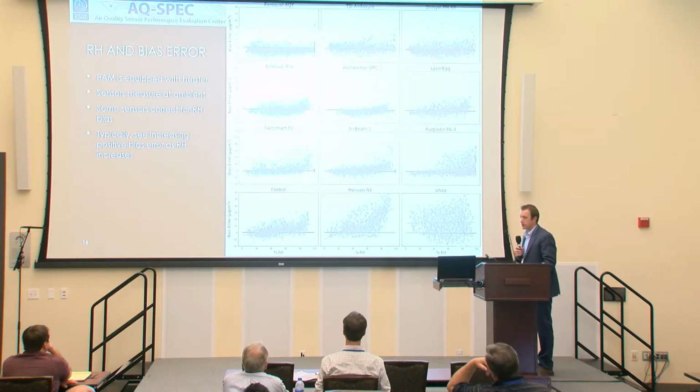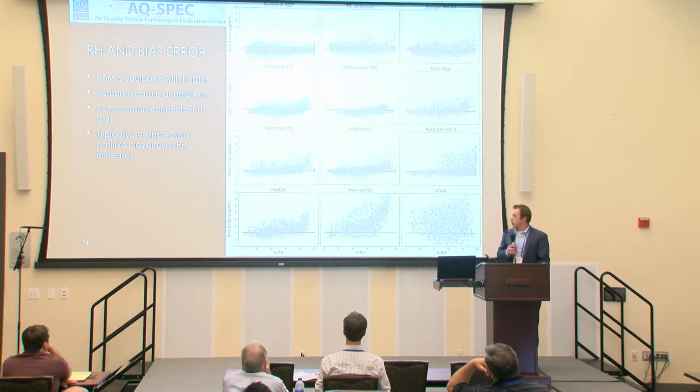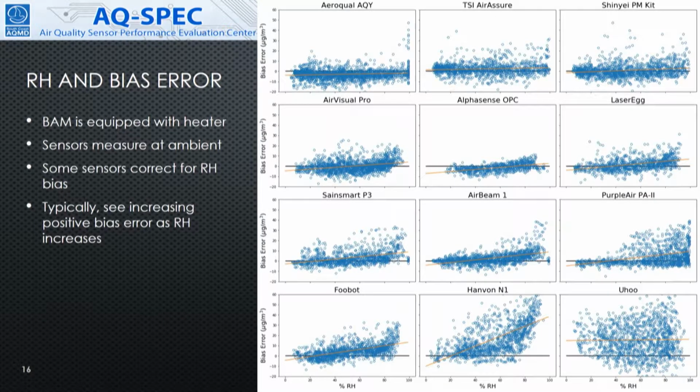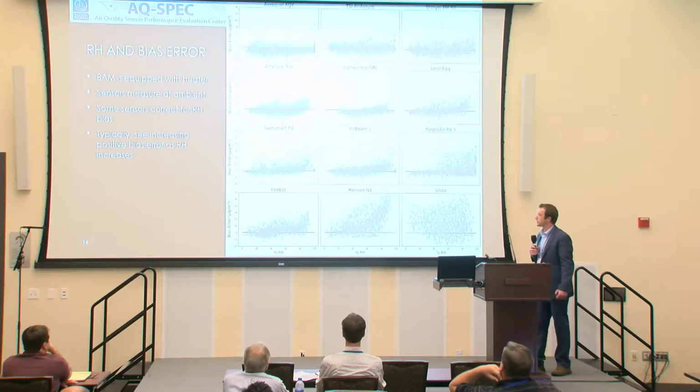Looking at relative humidity and bias error, what I'm showing here is bias error, whether the sensor positively or negatively overestimates the reference. The x-axis is relative humidity, so we're trying to figure out where our errors are based on relative humidity. Just to note, the BAM is equipped with a heater. The low-cost sensors measure air at whatever the ambient concentrations and ambient RH are.